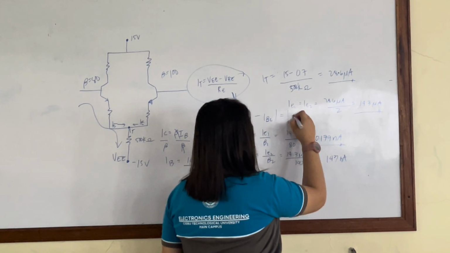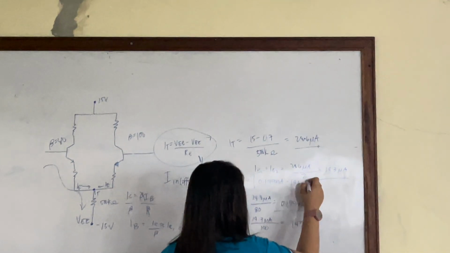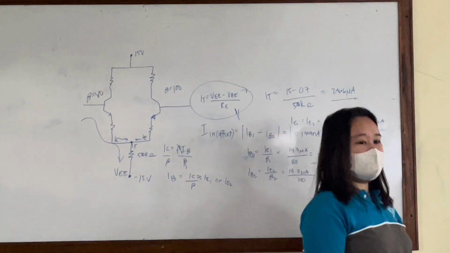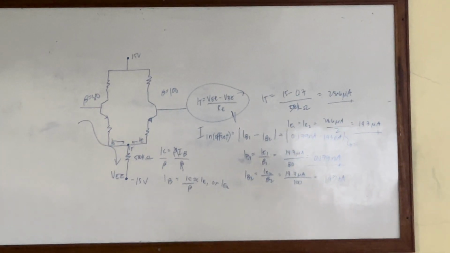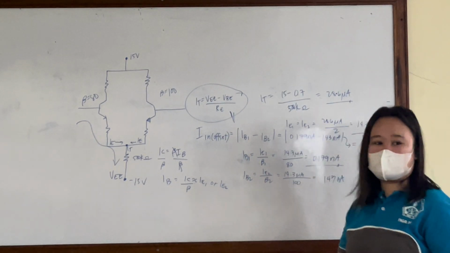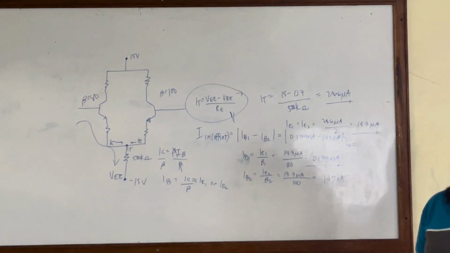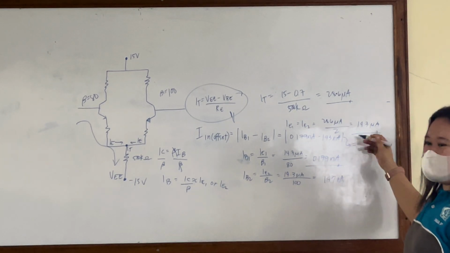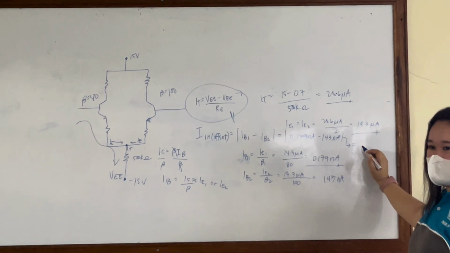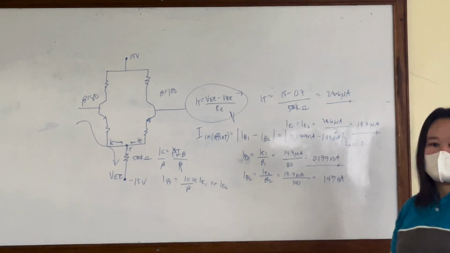Absolute value of 0.179 nano minus 143 nano equal to... Absolute. Shift 5. 0.036 nano ampere.